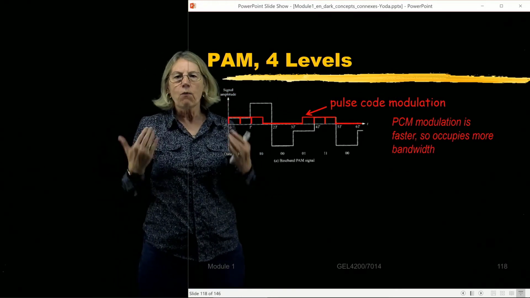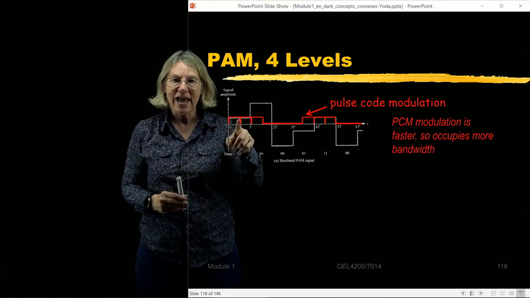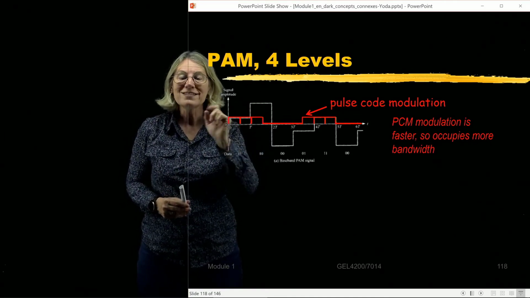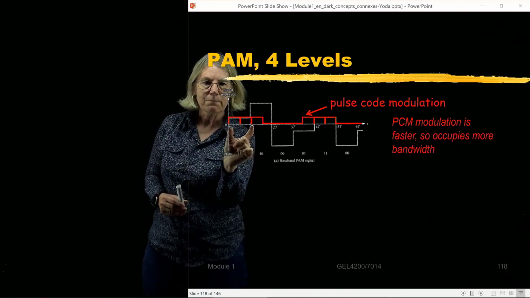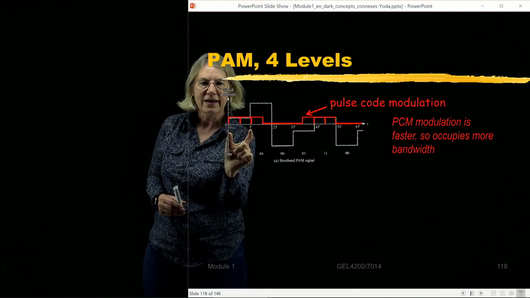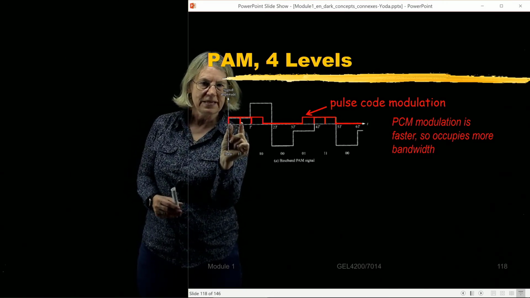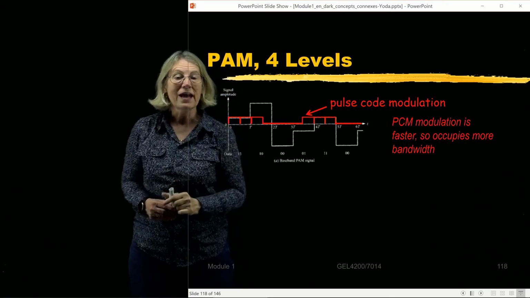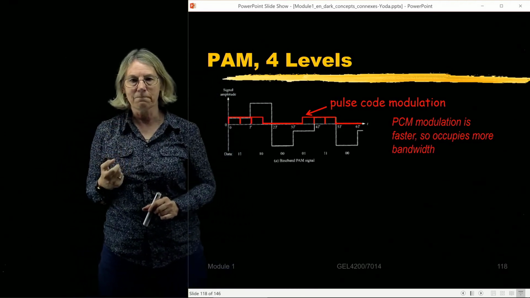So that means if I want to send the same information in the same amount of time, in the case of 4 levels, I'm going to have twice as many transitions. So if I look at the time of the symbol for PAM, it's this wide, but the bit period for PCM would be half as long. So it's much quicker in time.